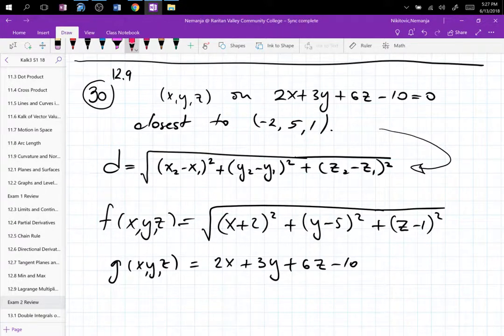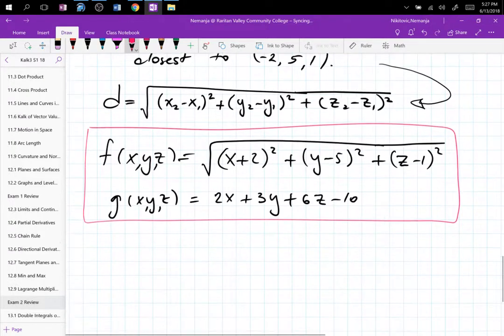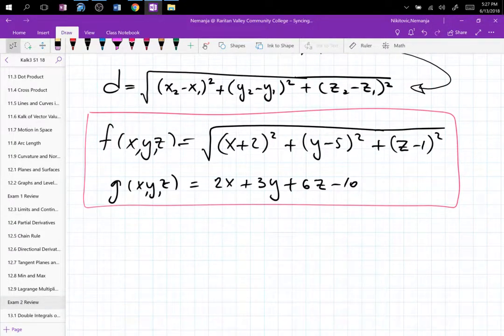So we had to do some work to come up with equations. The rest is a grind. We have to find the gradients with partial derivatives, and then we have to solve. We're going to have 4 variables here: x, y, z, and lambda. We'll try to kill lambda off because we don't need that one, and whatever x, y, z we get from the calculation is the x, y, z we're looking for.